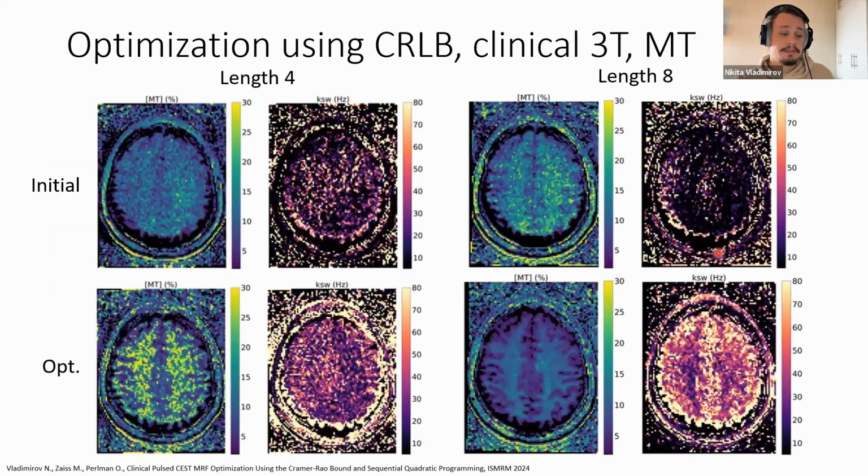There are also really promising results with the healthy volunteer data on the MT pool. You can see here initial images with range 4 and range 8. Just visually, you can see how non-structured and noisy images become more structured and less noisy.